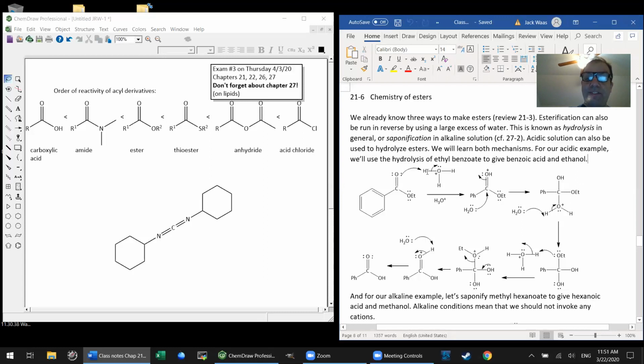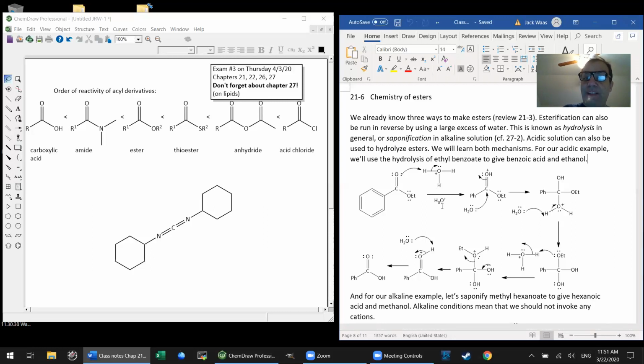So since we're in acidic medium, we need to be careful to protonate our carbonyl oxygen first. And again, remember, we need to show where the proton is coming from, not just write H+. I commiserate because OWL and the textbook are both quite a bit sloppy at times, but we're always going to specify where that proton comes from, because knowing that is part of understanding the reaction.